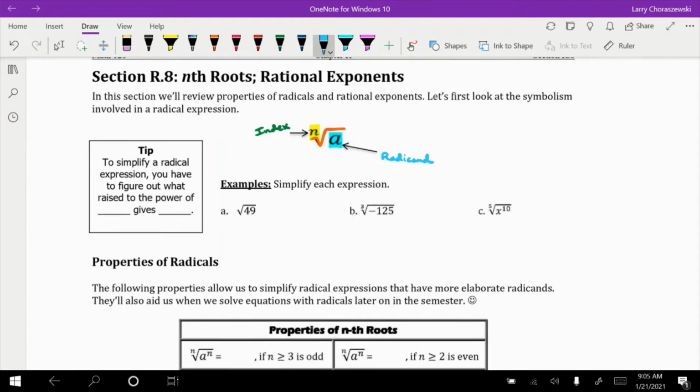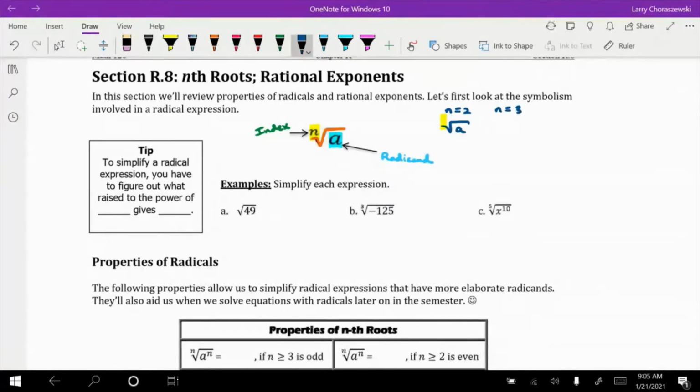So I'll write out a few examples of radicals with varying indices over to the right. When n is equal to 2, so if the index is 2, you would see the radical symbol written out that way. And usually with a square root, we don't include the 2 on the little edge. So if n were 2, the expression would look like this, and that'd be a square root.